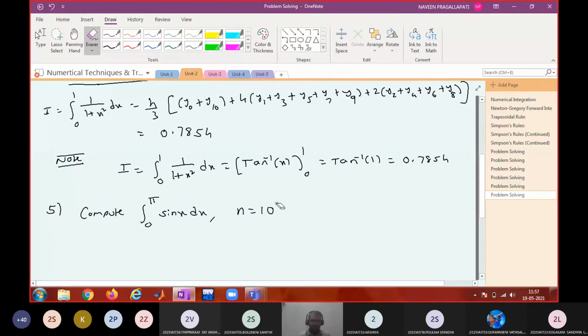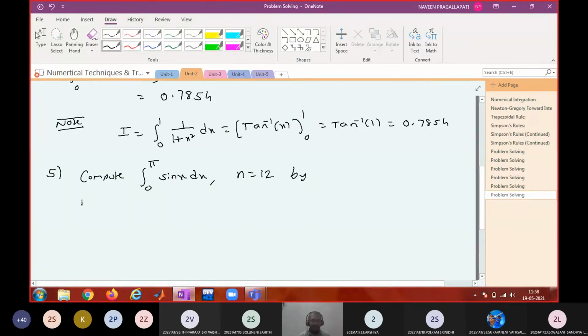Let's do it like this: you take n equal to 12.